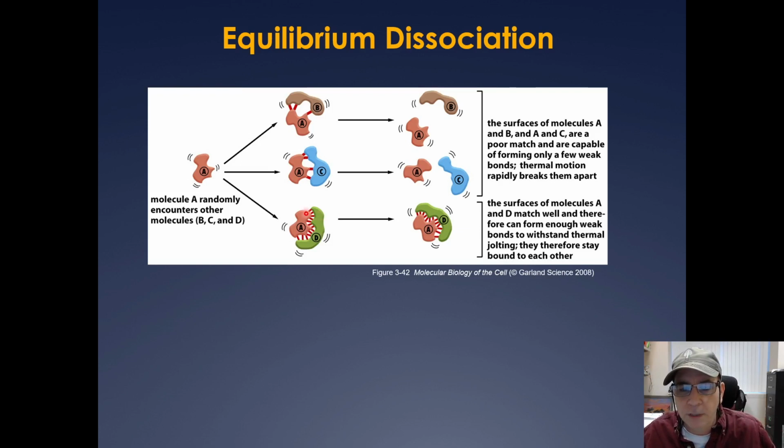And so here you're going to have a good surface-surface interaction between A and D, and not so good surface-surface interactions between B and C. And so these don't typically form, or if they do, they don't last long, and the majority of A is just going to always be associated with D.